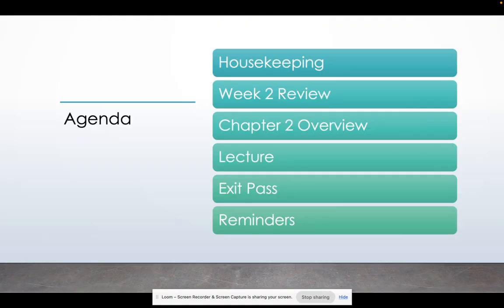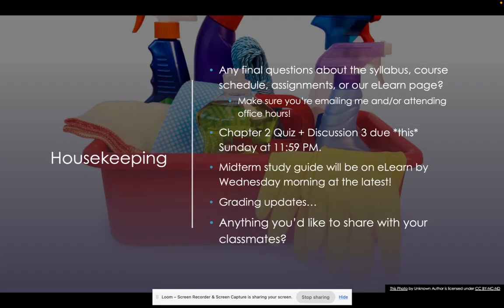All right, so again, we'll do housekeeping, week 2 review, chapter 2 overview, lecture, exit paths, and reminders. As we start to round out that time in the semester, that is the beginning of the semester, my expectation is that everyone has asked all the questions that they need to about the syllabus, the course schedule, assignments, and our eLearn page. But I've been getting some feedback from folks in the exit pass that there are varying levels of online technology knowledge.